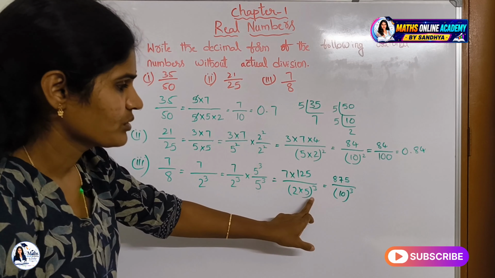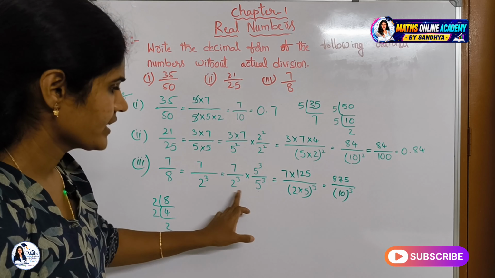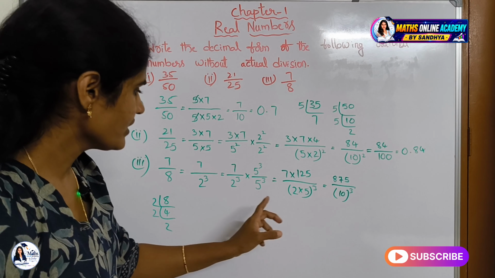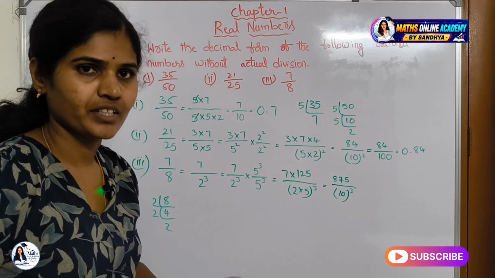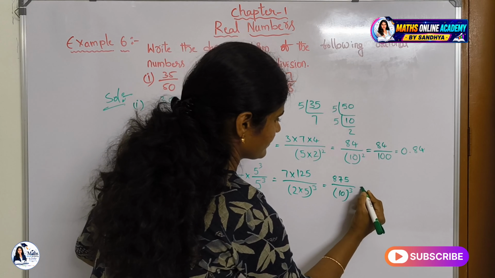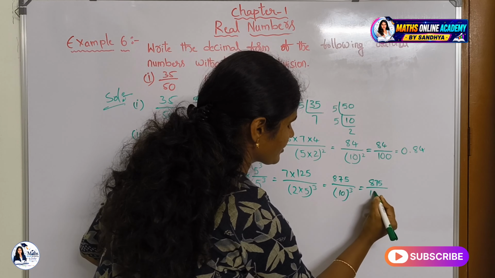For this purpose only we are using 5 cube. You can take the whole cube as common and 5 to become 10 for simplifying. So 875 by 1000.